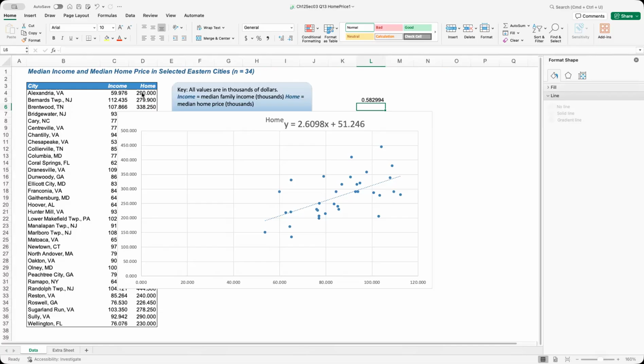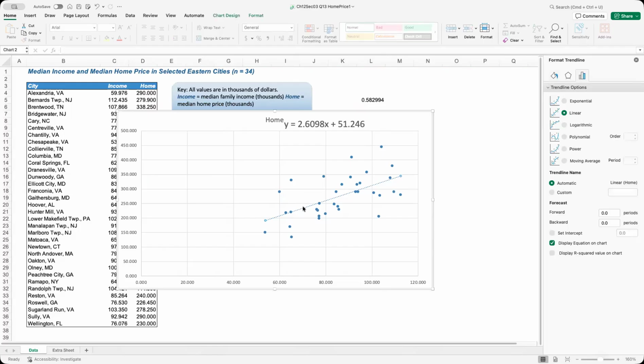But there's actually another way to think about this. Let me go back to our trend line. And here are all of those options for the trend line. If I just click on the trend line now, I'll pull back up the trend line options. The last checkbox on the right says display R squared. Take that number 0.5829 and square it.